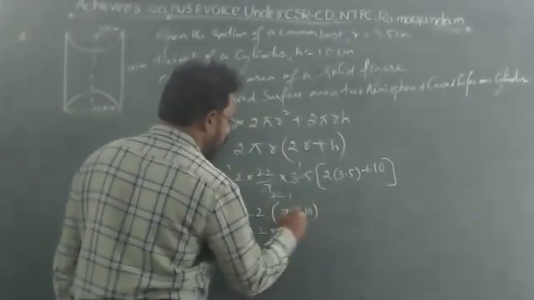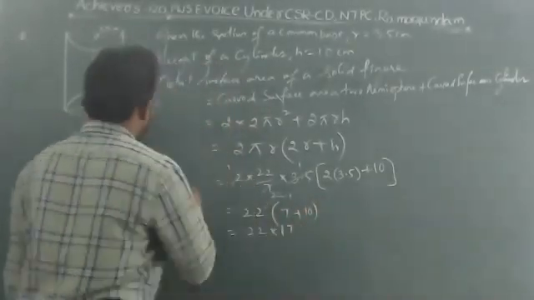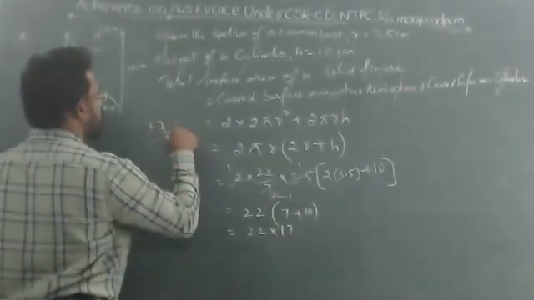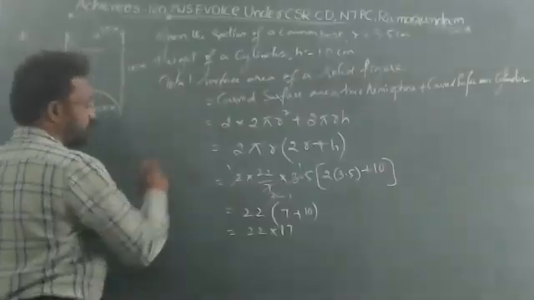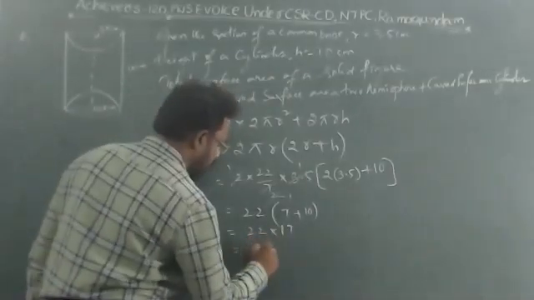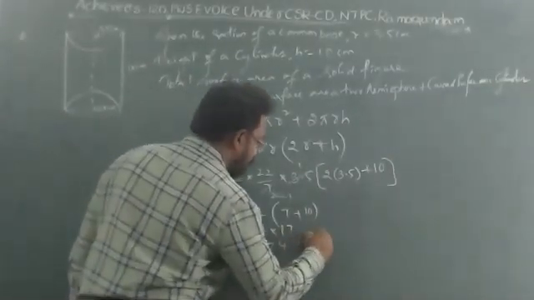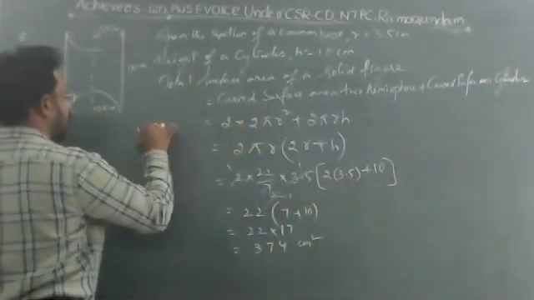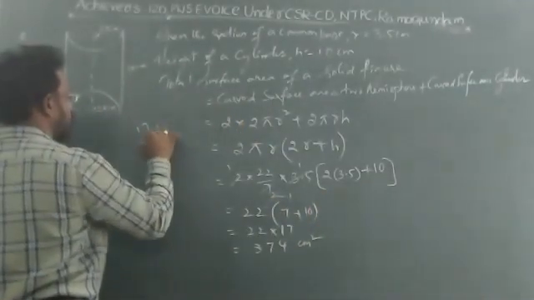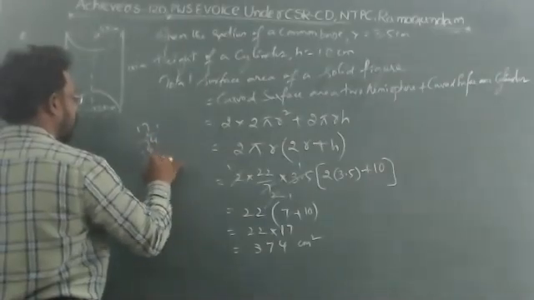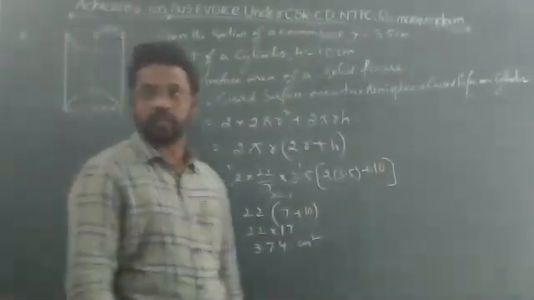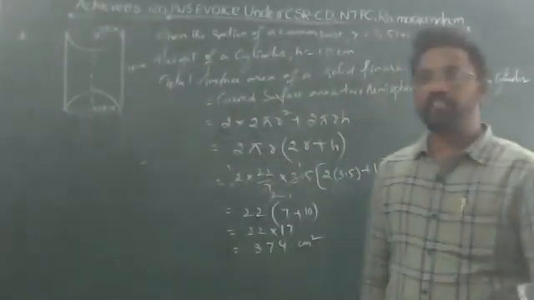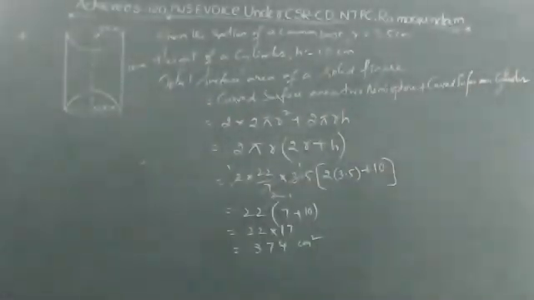So 22 into 17. 2 7 is 14, 1 2 1 is 3, 4 3 4 7. 374 centimeters square. Is it correct? Correct. 374 centimeters square.